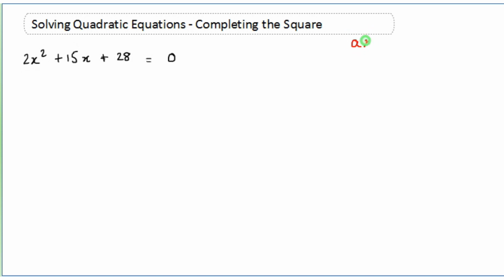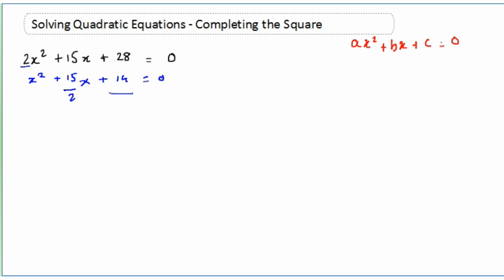So here again, remembering the equation ax square plus bx plus c is equal to 0. The first step that we remember is divide the whole equation by a, which is equal to 2. So dividing the whole equation by 2, we get x square plus 15 over 2 x plus 14 is equal to 0.